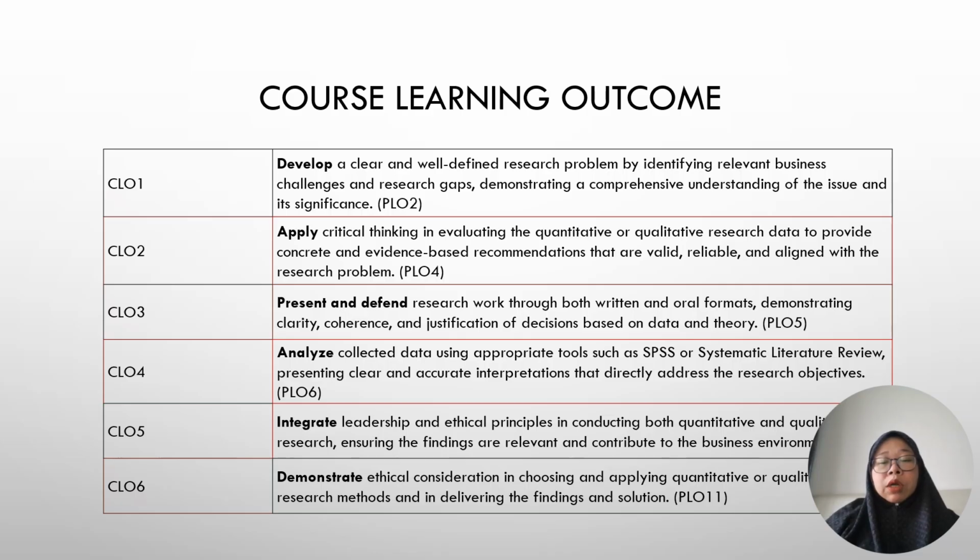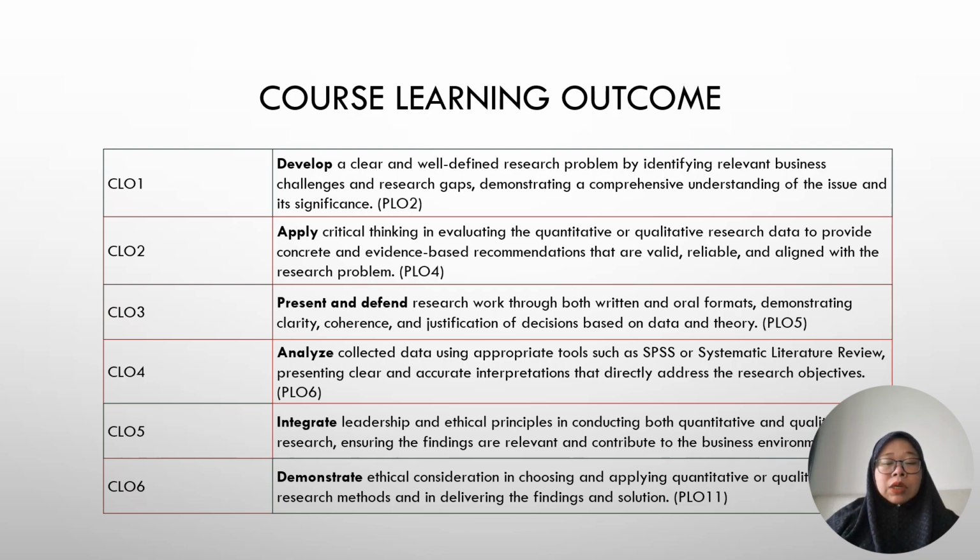communicate your recommendations effectively. All in all, you have 6 CLOs, starting from CLO 1: develop a clear, well-defined research problem related to the study that you're interested to do. CLO 2 is to apply critical thinking in evaluating quantitative or qualitative research. CLO 3 is to be able to present your research work.